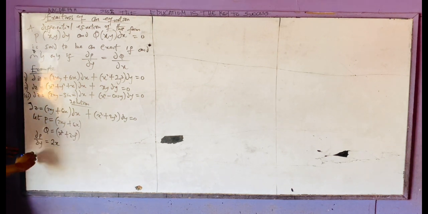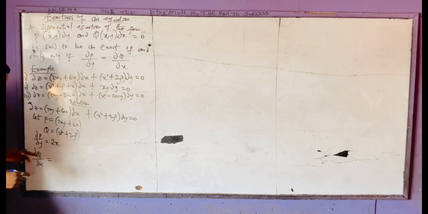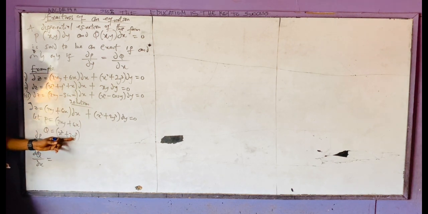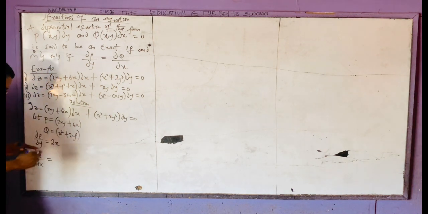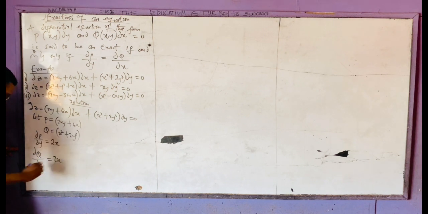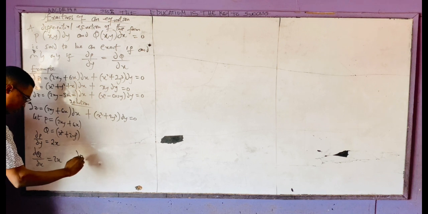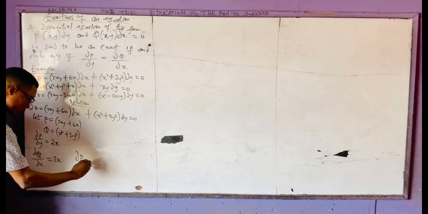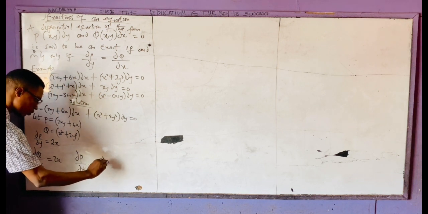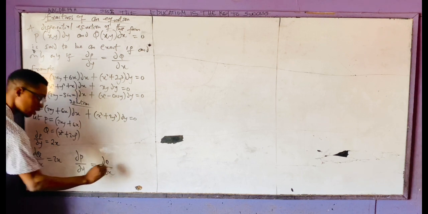At the same time, if I differentiate q with respect to x, this does not have x, so this becomes 0, and this has 2x. Obviously, we can see that dp over dy is equal to dq over dx.